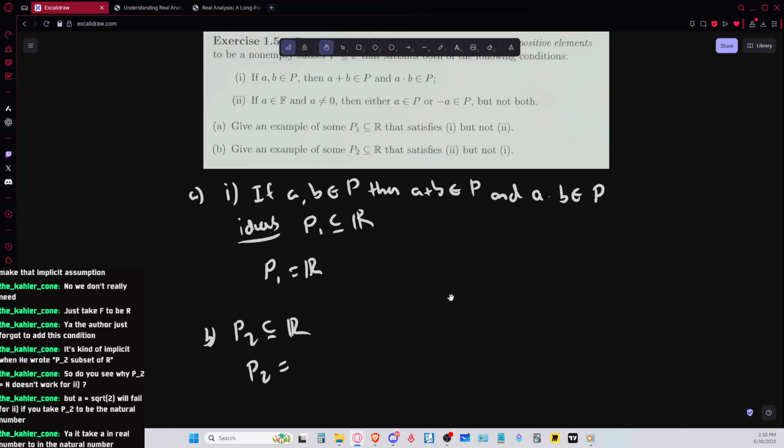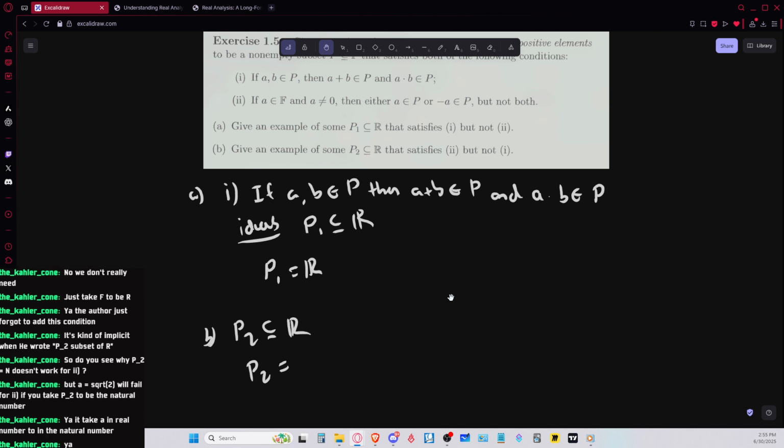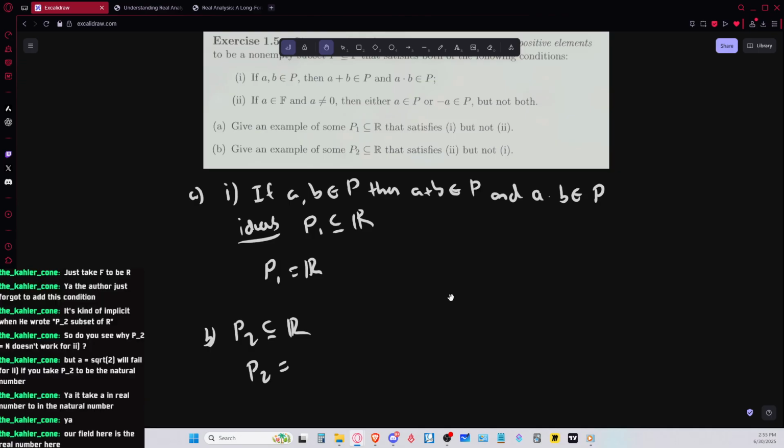Because I think what's confusing me is that it says that A is in the field, and we have to remember that F has properties, and F is supposed to be like the real numbers in this case. I think that's the reason why I'm getting a little bit confused. Because P is supposed to be a subset of the field, right?